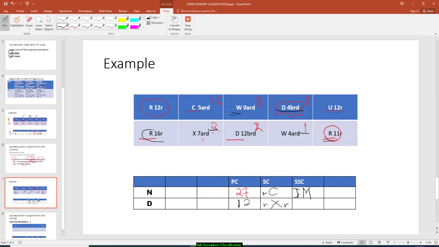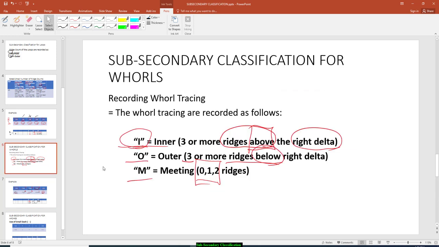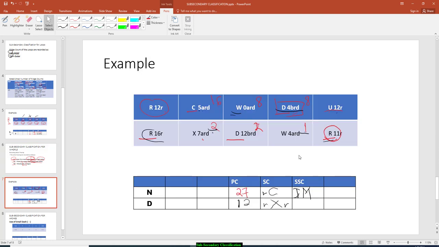Let us move here. So a double loop whorl with 4 ridges below right delta. So let us go back to the bracket. 4 ridges below right delta. So it is here. It belongs to capital letter O. Okay.